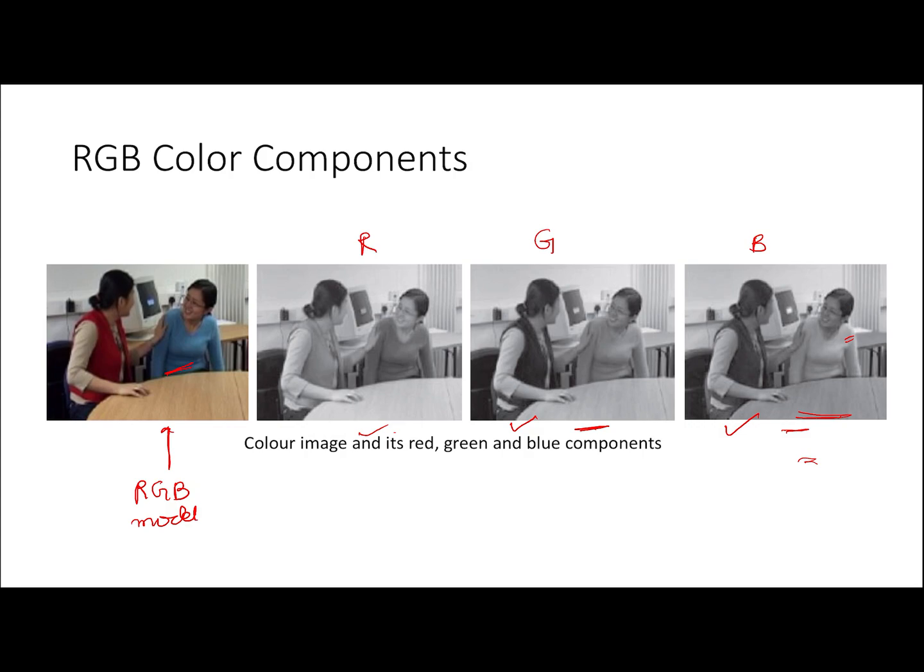And similarly, the person wearing the red waistcoat appears brightest in the red component as compared to green and blue. This means the contribution to this color is more by the red component and very little by the green and blue components.